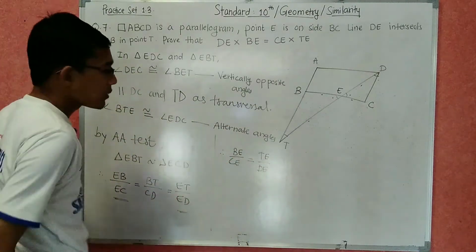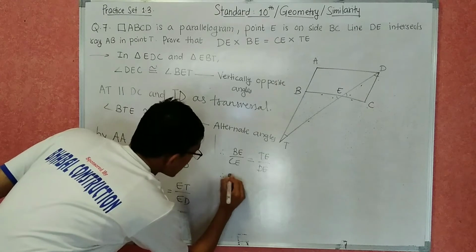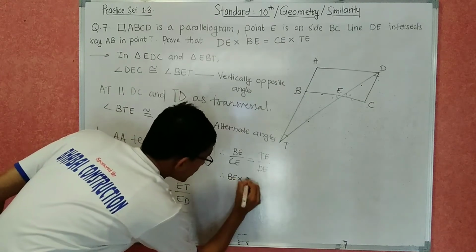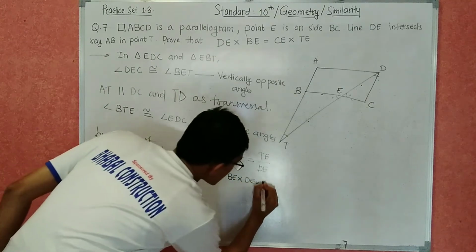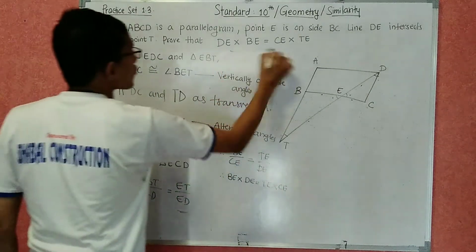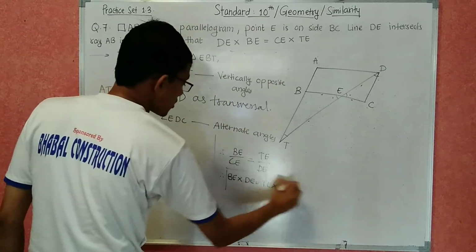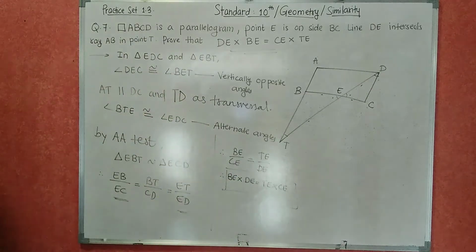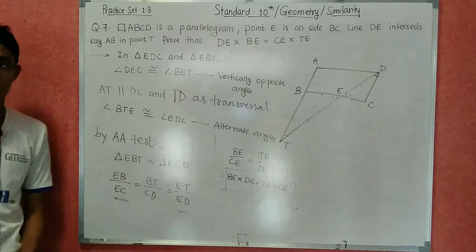Now cross multiplication, so therefore we will get BE into DE is equal to TE into CE. And we have to prove the same thing, so it has been proven. In this way we can get the required answer.